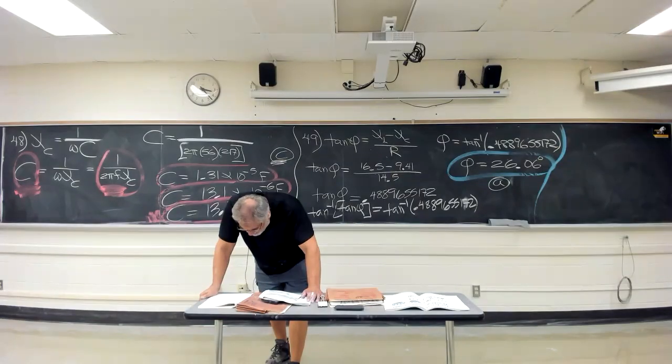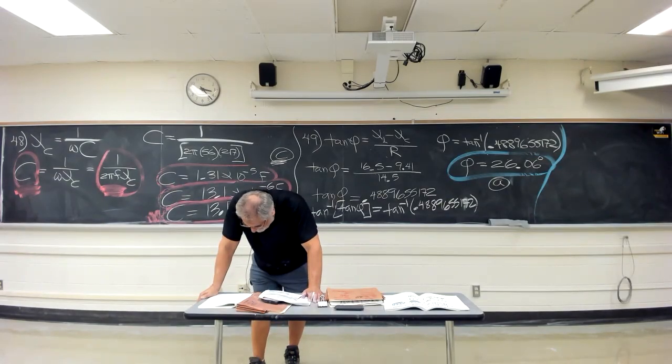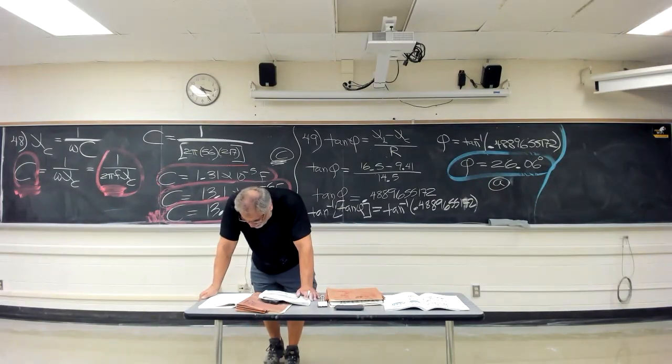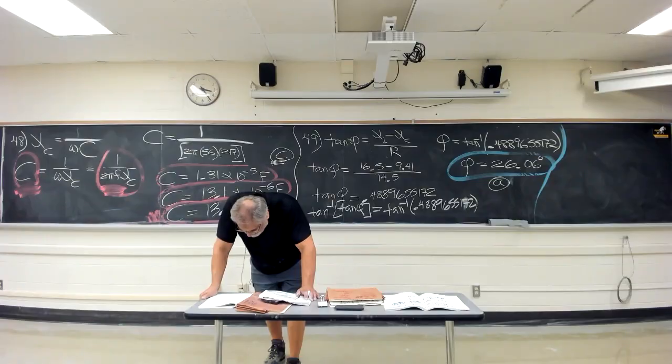Number 50: an AC series circuit contains a resistor, a capacitor, and an inductor.